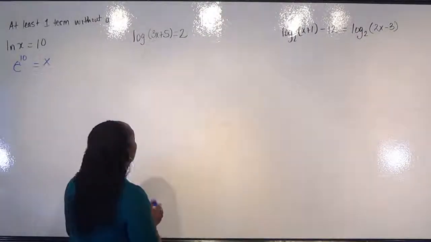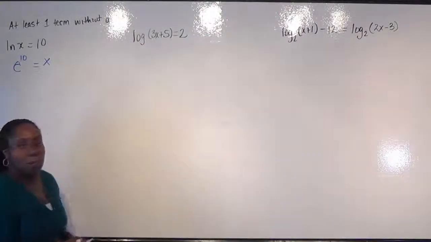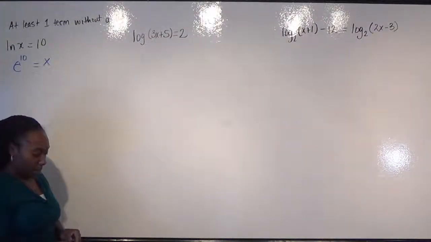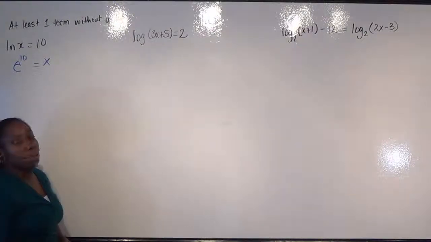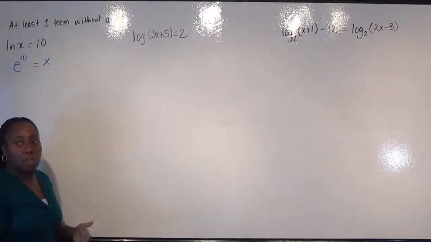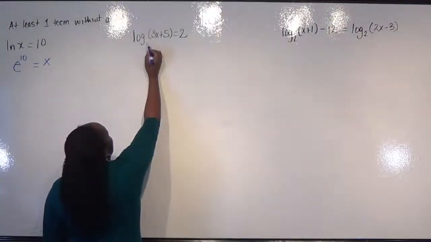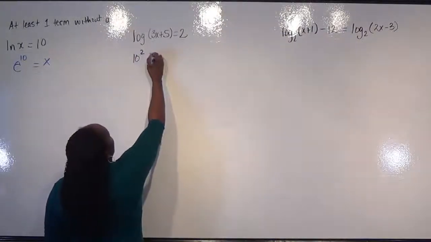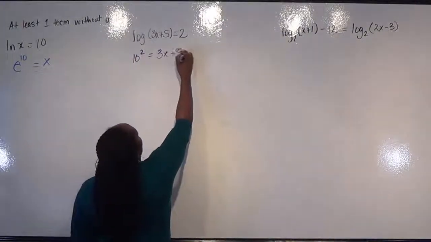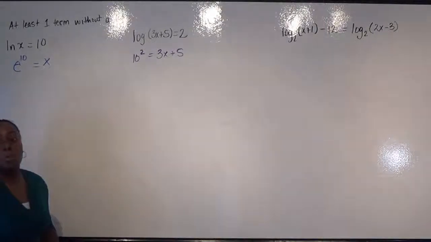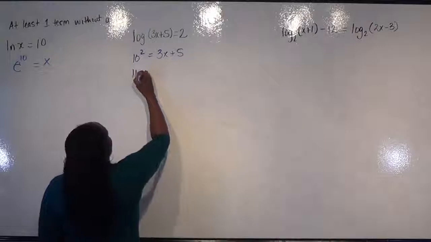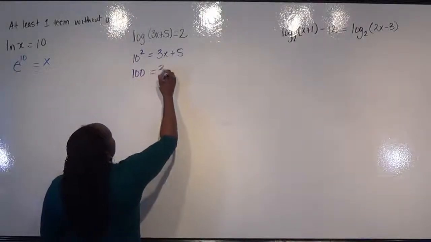In this next example, a little bit more involved, but the same idea. I've got a logarithm equaling a number. So again, the first thing I'm going to do is look at the base and then change it to an exponential. In this case, it's a common log, so we can think base 10. So we're going to take 10 to the second power equaling the 3x plus 5. This one is something a little bit more doable. 10 to the second is just 100.